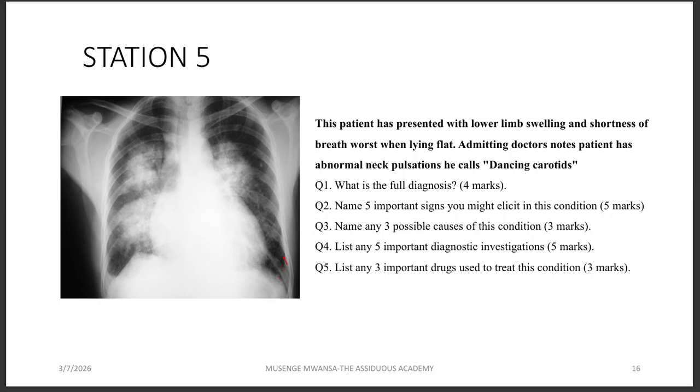The S, subcutaneous nodules. The P, pancarditis. The A, arthralgia. Specifically, it is polyarthralgia, bilateral pain in the joints, and specifically the large joints. Please take note, large joints.